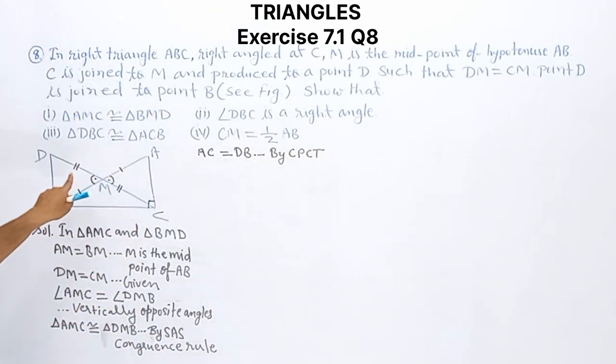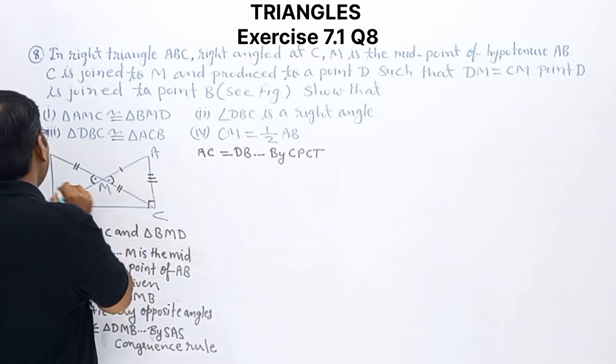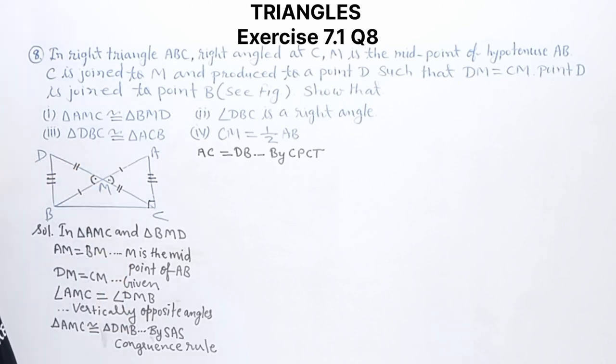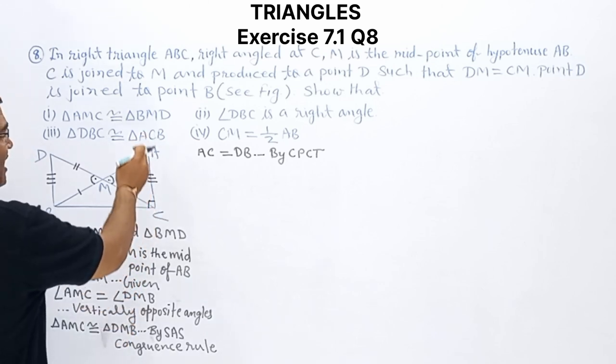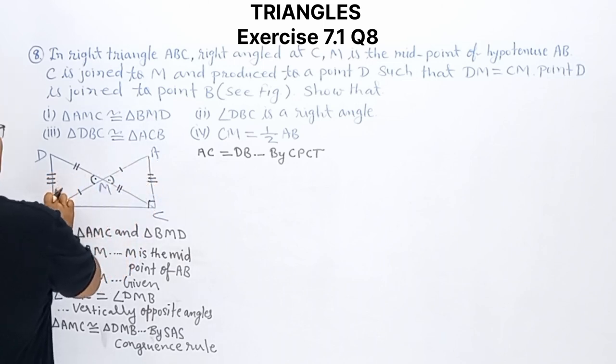This triangle is congruent to this one. So what we are saying? This side will be equal to this one. Clear? By CPCT. Now observe. This one AC, this side is equal to this one.